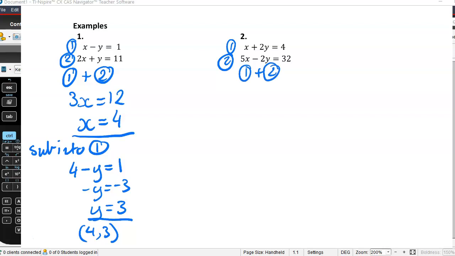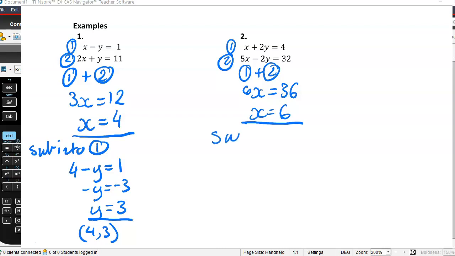So x plus 5x is 6x. 2y plus negative 2y is the same as 2y minus 2y, so that's 0y. So 4 plus 32 is 36, so x equals 6.